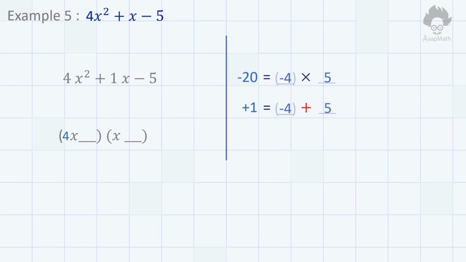Now, what we want to get is minus 4 and plus 5 as the x terms. If we complete the second expression with minus 1, from that we can get minus 4. Now, to get plus 5, we can complete the first expression with plus 5.